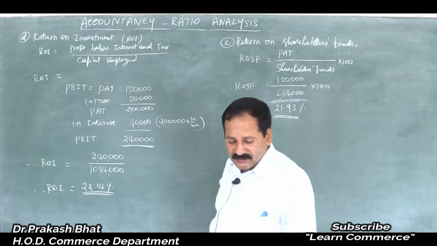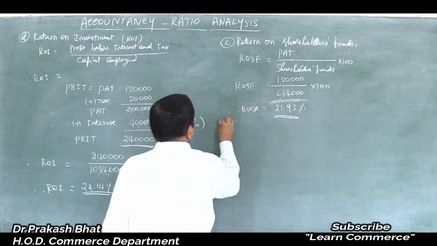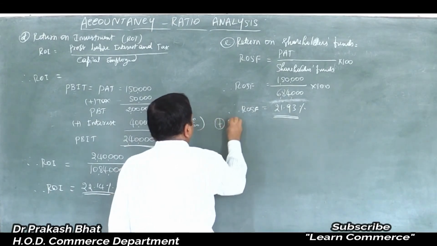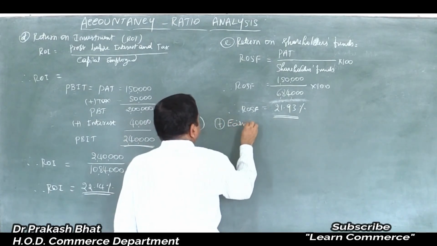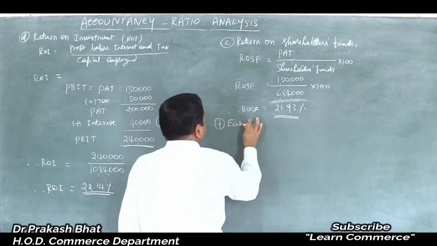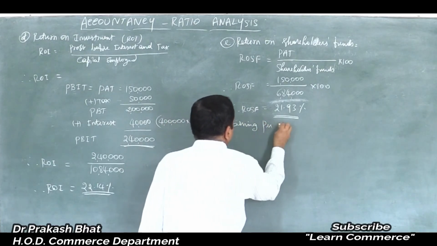Now the last one is earning per share. Very simple it is.